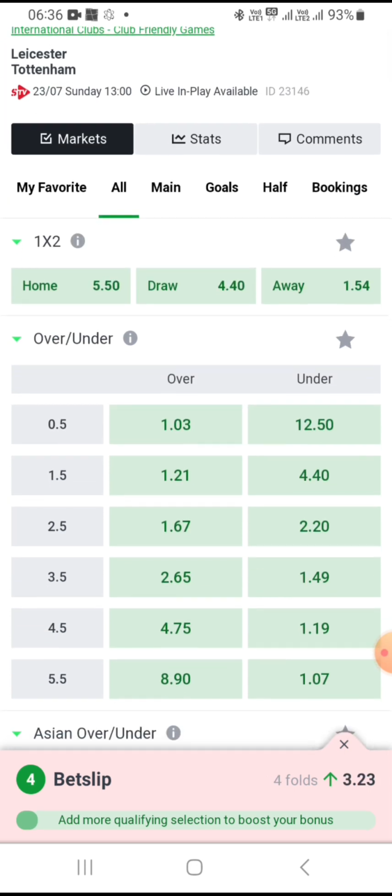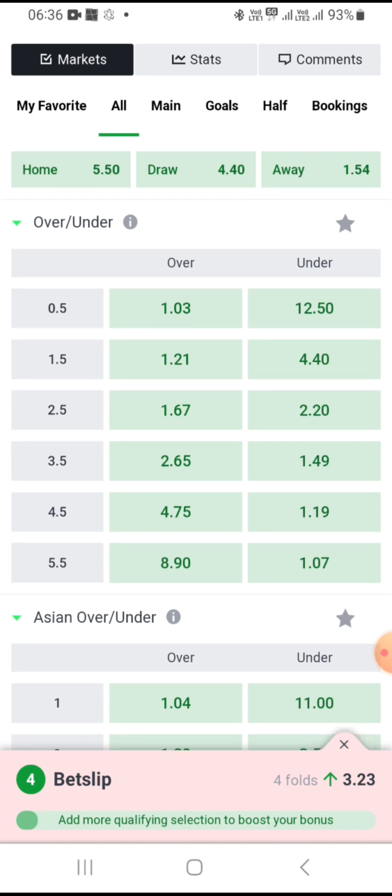Over and under. 0.5 means that in the overall match there has to be at least 1-0. There have to be at least 1-0 in that match. If they play 0-0 in this match and you take this, you failed it.